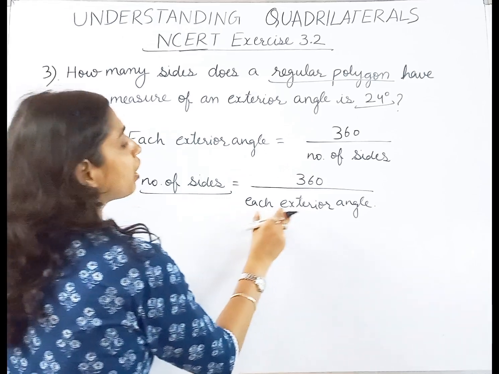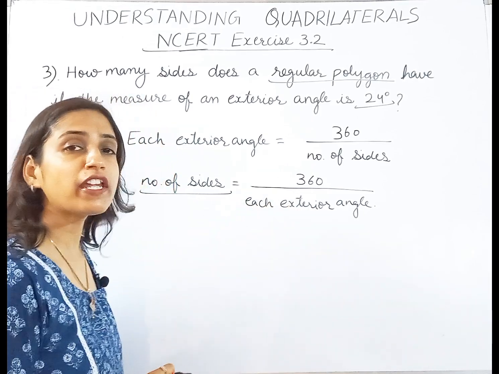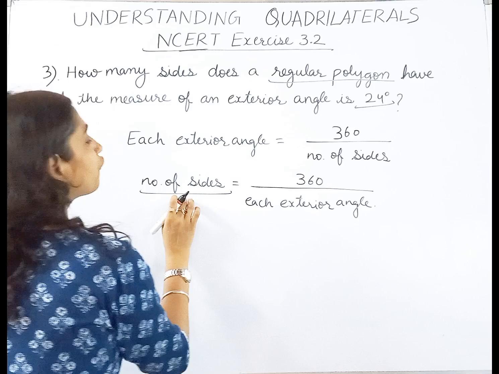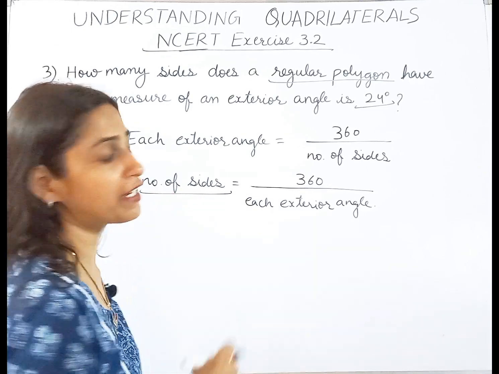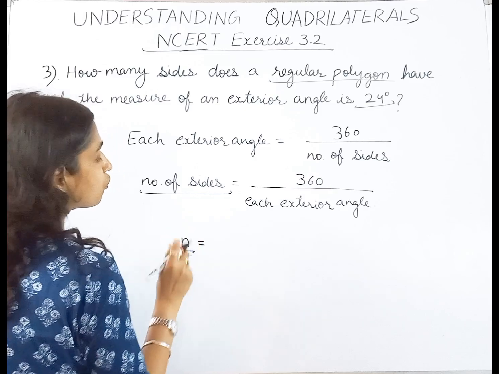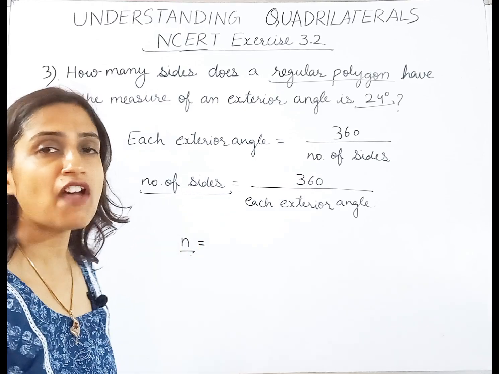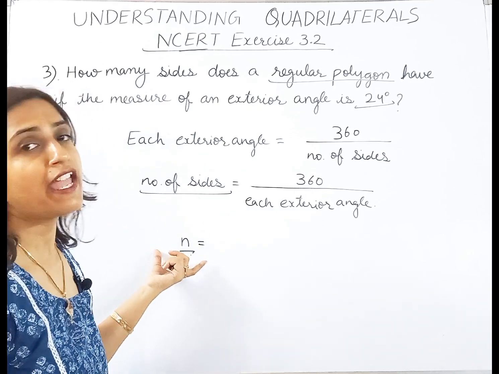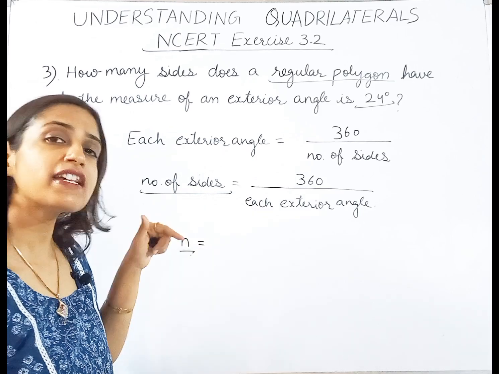So we can put in the value of the exterior angle over here, which is given, and we can find out the number of sides. The number of sides, we can take it as n. So let us suppose the polygon is having n number of sides and all exterior angles are the same.